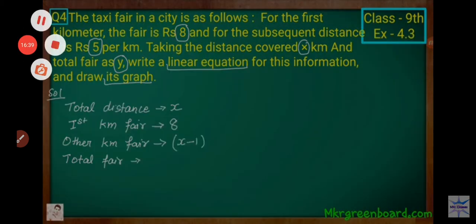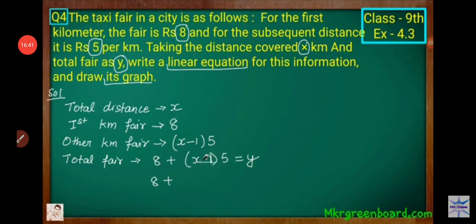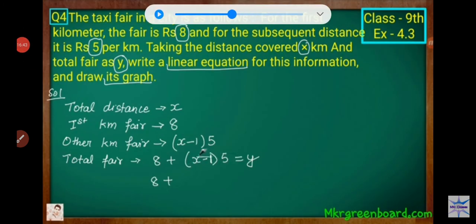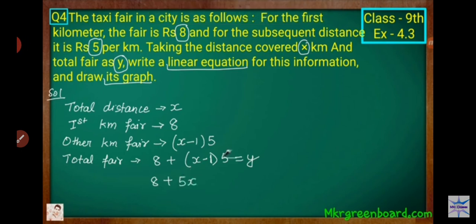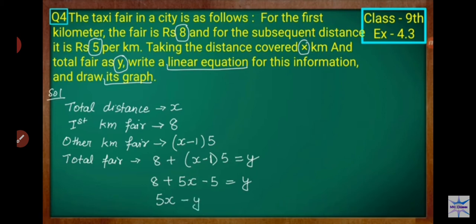Now we cannot solve it like this, so we will multiply this bracket by 5, 5 into x. See, the first kilometer fare is 8. Other kilometer fare is x minus 1 into 5, because whatever kilometer he goes, the fare is x minus 1 into 5.